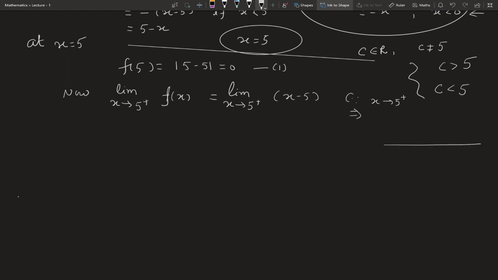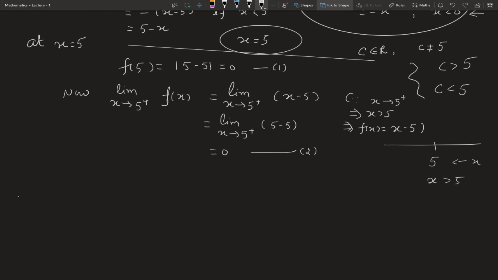On the real number line this is 5, and from the right hand side x tends to 5, so x is greater than 5. This implies the value of the function f of x equals x minus 5. So this is limit x tends to 5 plus, put x equal to 5, 5 minus 5, this is 0, say result number 2.